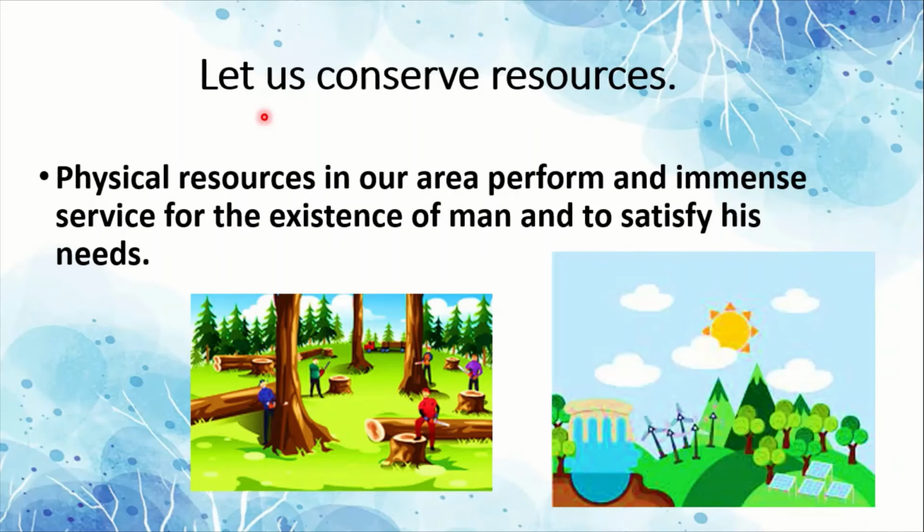Physical resources in our area perform an immense service for the existence of man and to satisfy his needs. But man is not sensitive to the environment when using resources. He overuses resources to satisfy his needs as well as to earn more profits. Here you can see a picture of overusing forest.